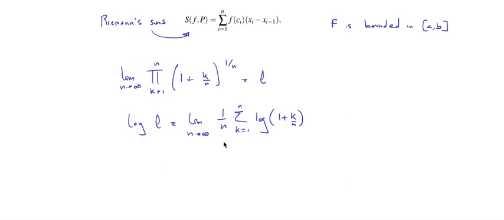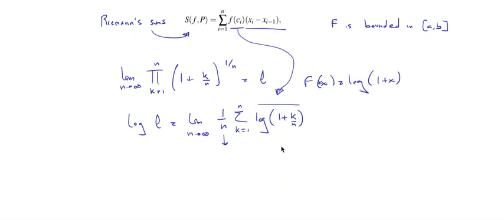And just like before, 1 over n is the width, and this is the value of the function f, which in this case is the logarithm of 1 plus x, at the right end of the interval, right? So the limit of this is going to be the integral between 0 and 1 of the logarithm of 1 plus x, dx, right?